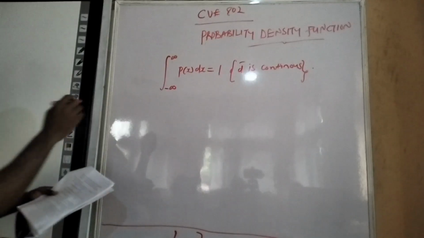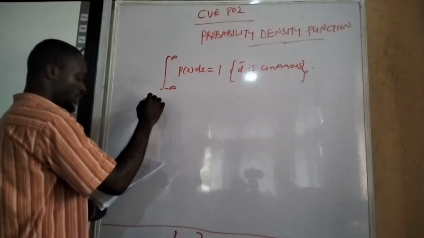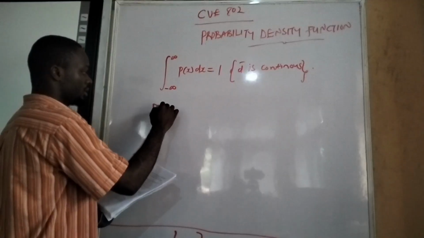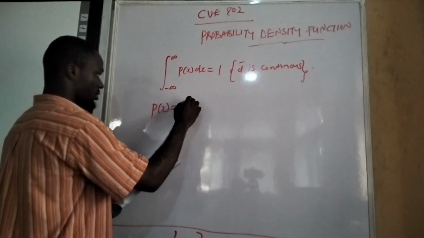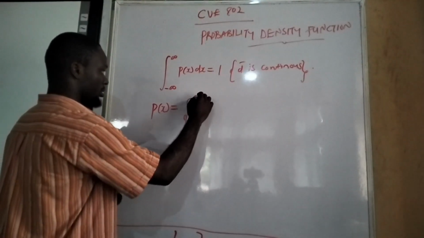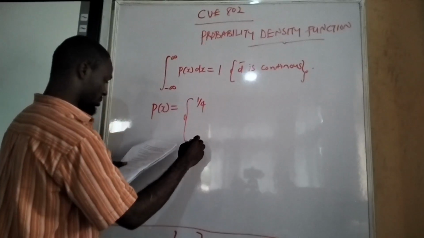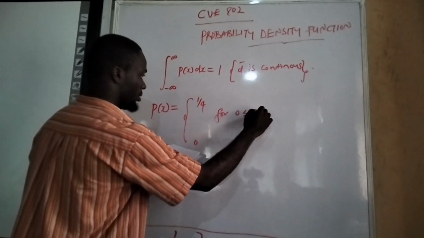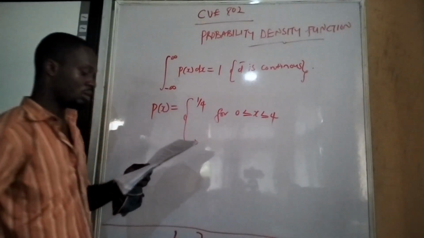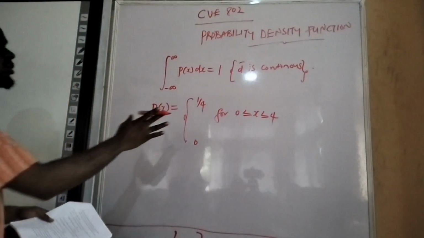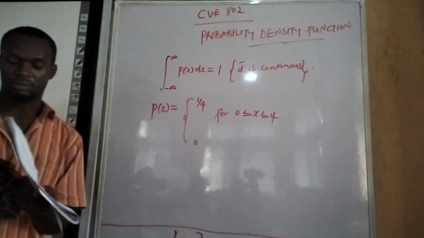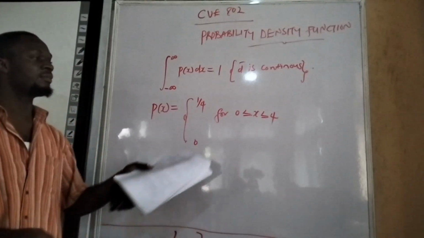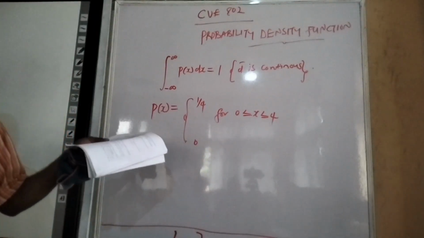So for example, page 19. This is an example. You have to check if this is continuous.